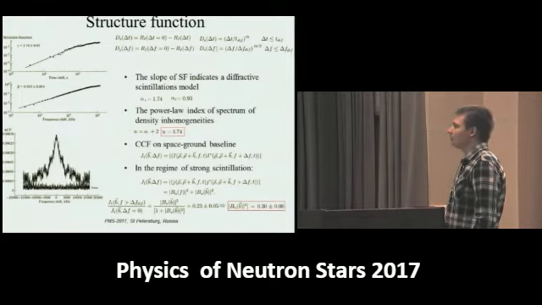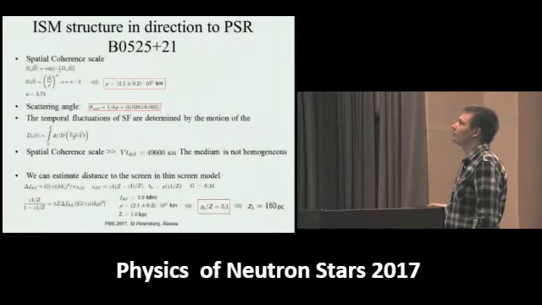And from the cross-correlation function with a big frequency shift and its value without shift, we can determine the spatial part of the cross-correlation function, and from this we can estimate the spatial scale of scintillations and determine the scattering angle.